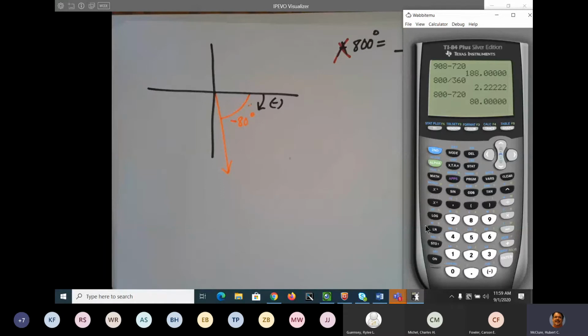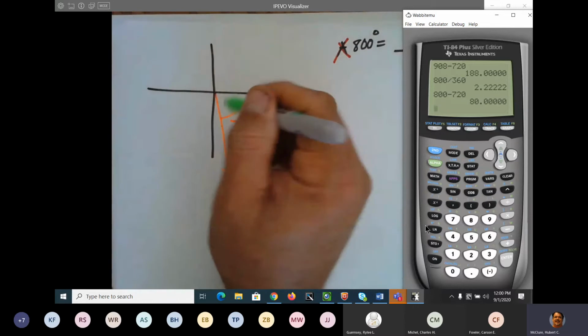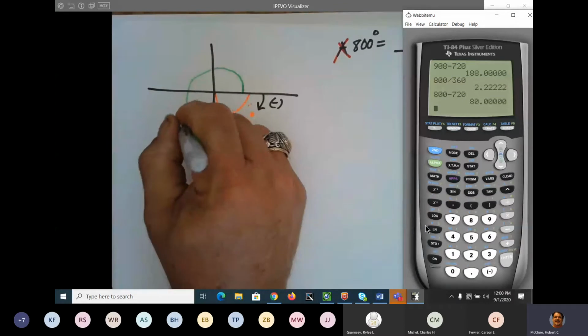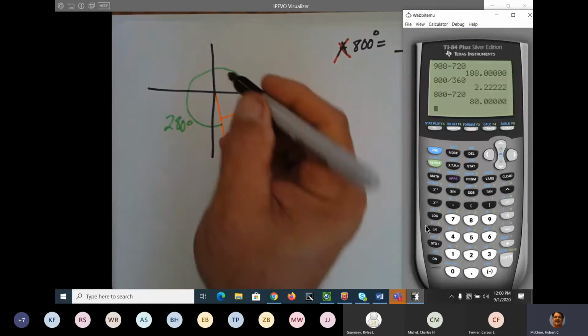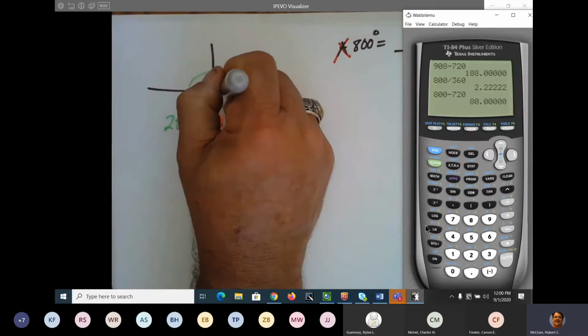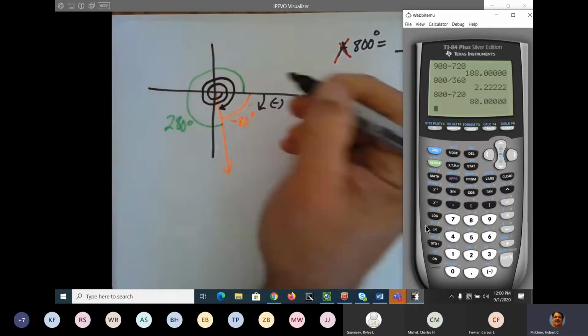And if you wanted the reference angle, that would be 280 degrees. Now what they're wanting you to do is take the black marker, and that's going to be 1, 2, there's 800 degrees.